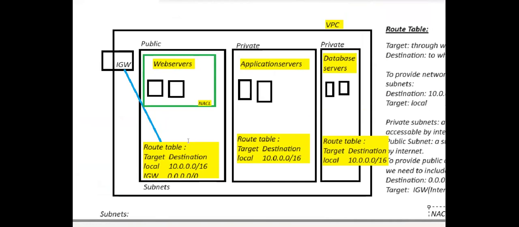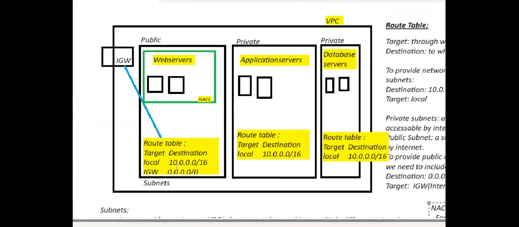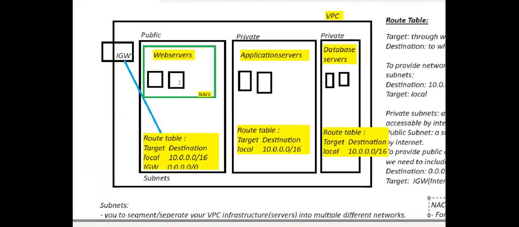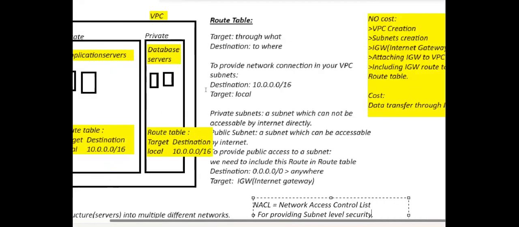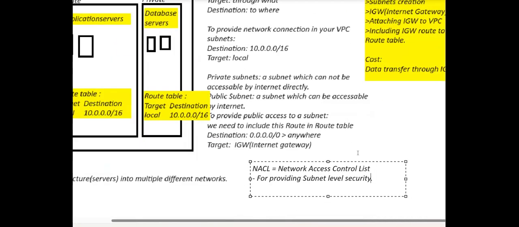By using the route table, you can specify through which routes you can move the data traffic to which destinations. And during the data traffic, you can also provide high level security to your subnets by using NACL. What is this? Network Access Control List.